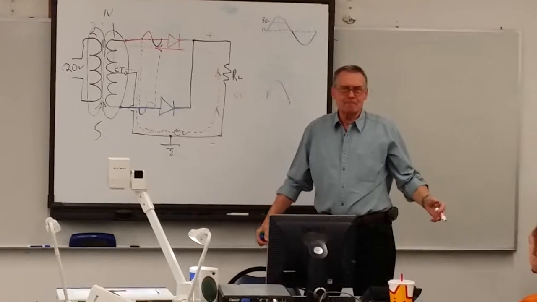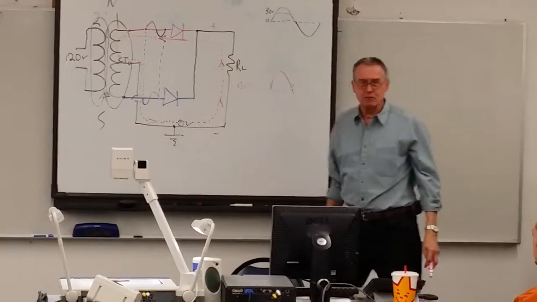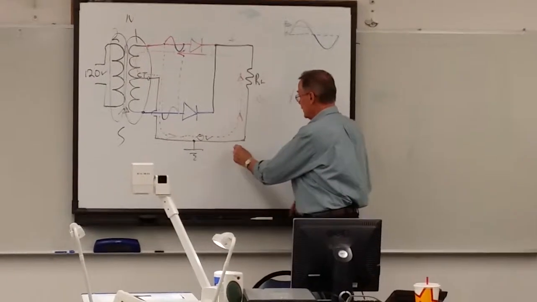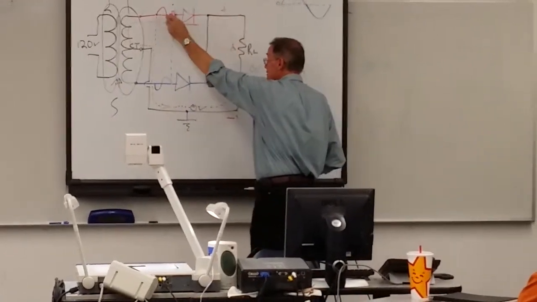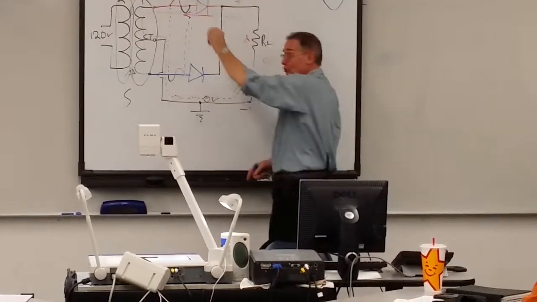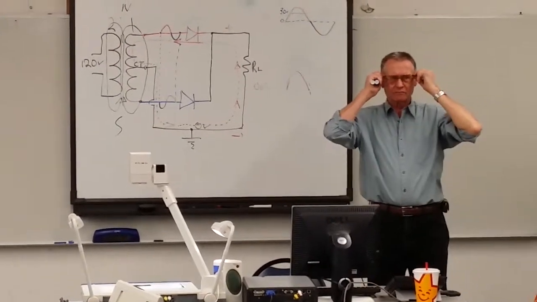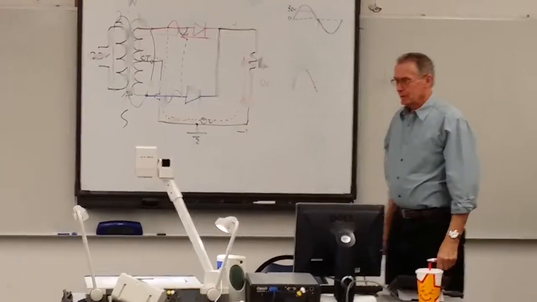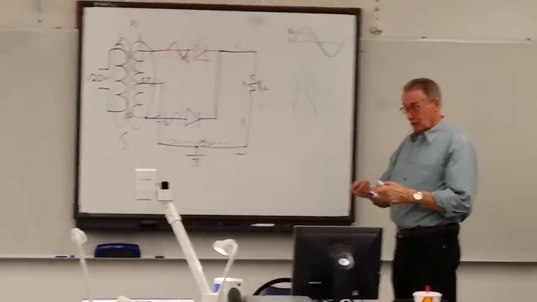So there's no question that the path of current is only going through one half of the transformer. And it's going from negative down here to positive. Does that make sense to you? Yay, nay? Yeah. I'm trying to make it as obvious as I can. That's why I'm using color.